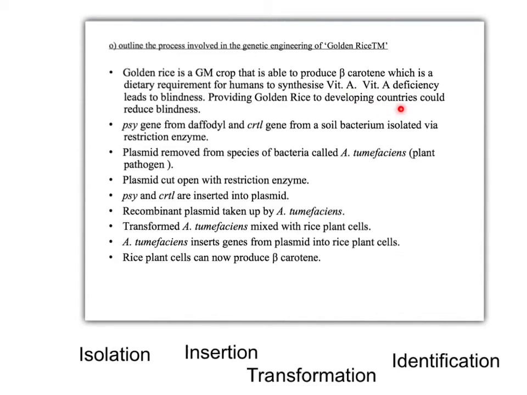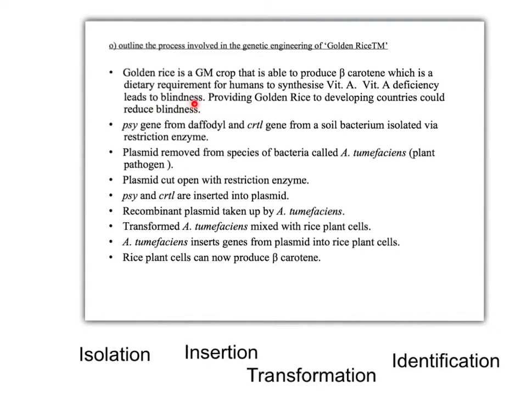So if we could make a genetically modified rice plant with high levels of vitamin A, you would supply your population with enough vitamin A that this type of blindness wouldn't be an issue.